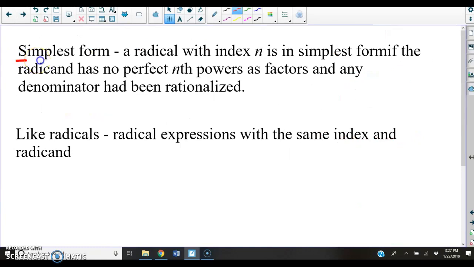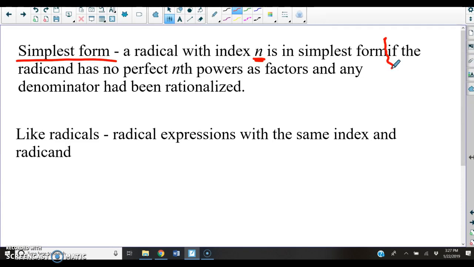So, we need to understand what we mean by simplified to simplest form. A radical with index n is in simplest form if the radicand has no perfect nth root powers as factors and any denominator has been rationalized.